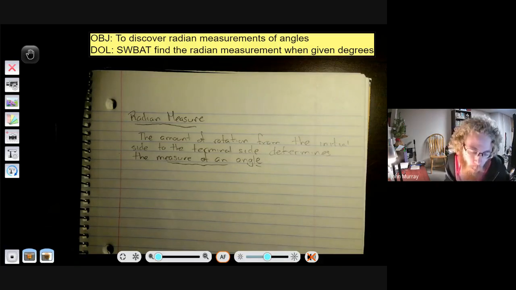Okay, so technically, what we're doing is rotating. All right, and that'll come into play a lot later.